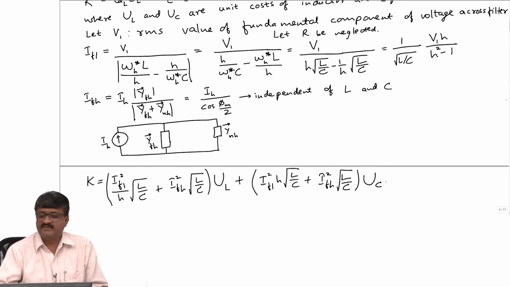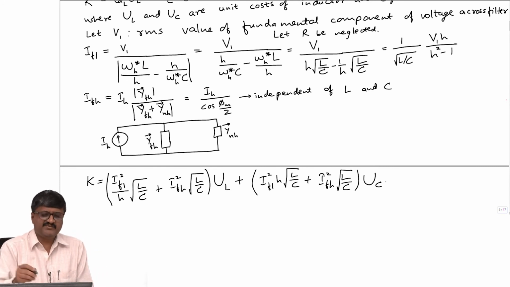So, this is the cost of the capacitor. Now, what I will do is substitute the expression for I of 1 that we just derived in this expression for cost.